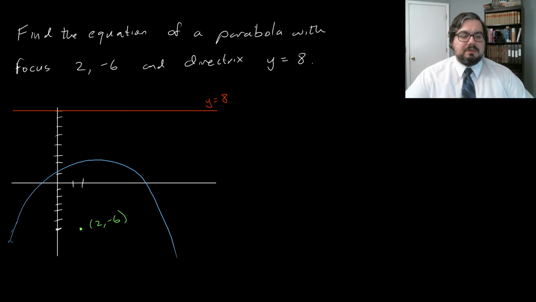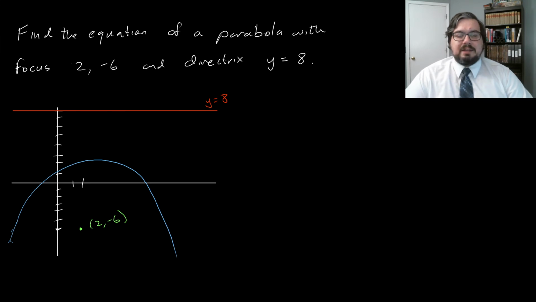And so the question is, how do we get the equation? Now we're going to use the fact that from this we can see that the parabola is opening vertically. In particular, we can see it's opening downward, but we'll see that in a second.